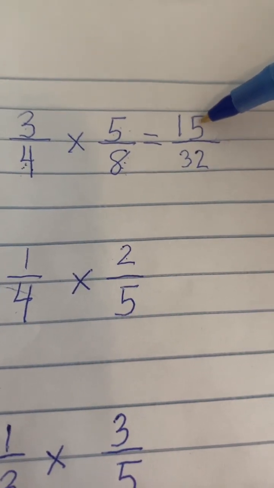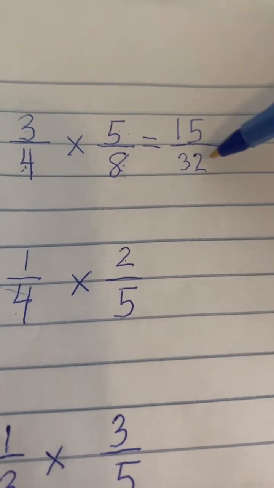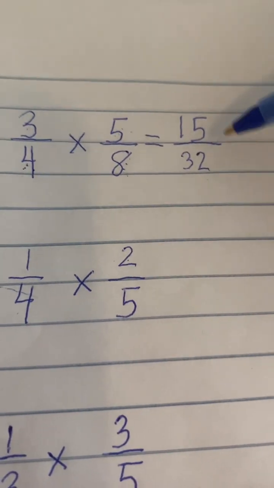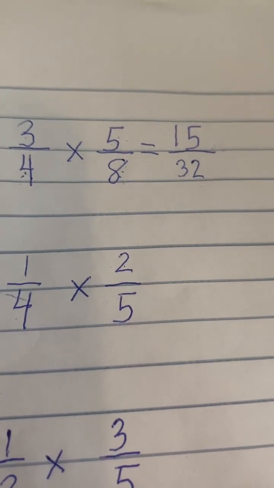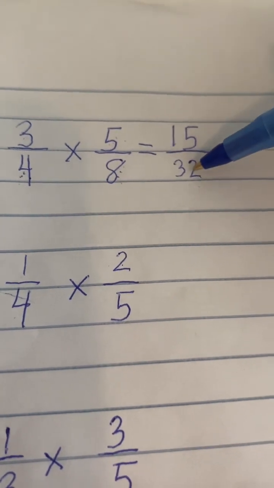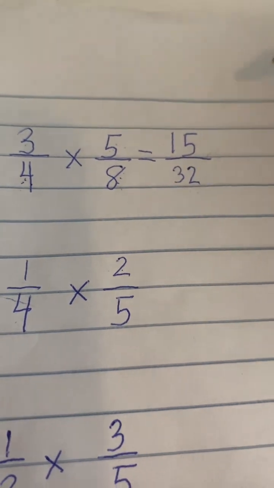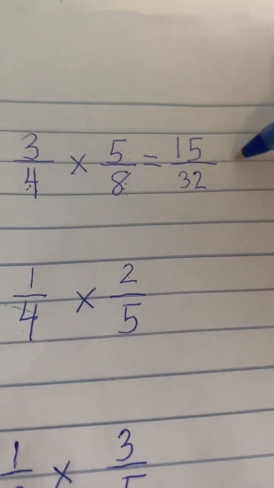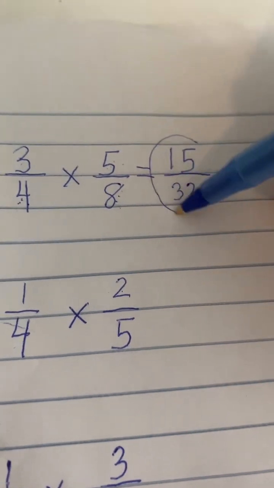Let's see, 15, 32. It's not even, so it can't be 2. It can be 3? No. Can it be 4? It can be that way, but not that way. 5, 6. So there are no common numbers here. So that's what you do.